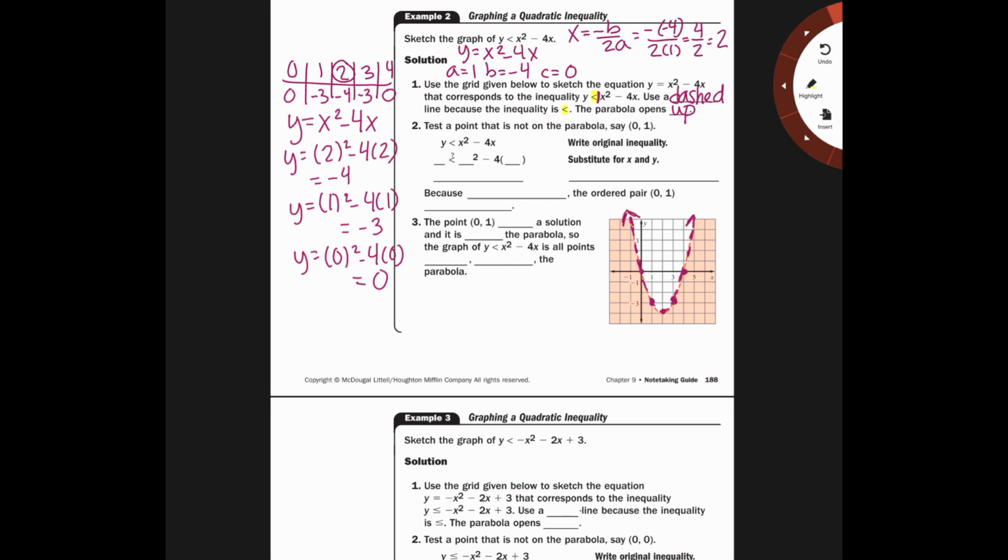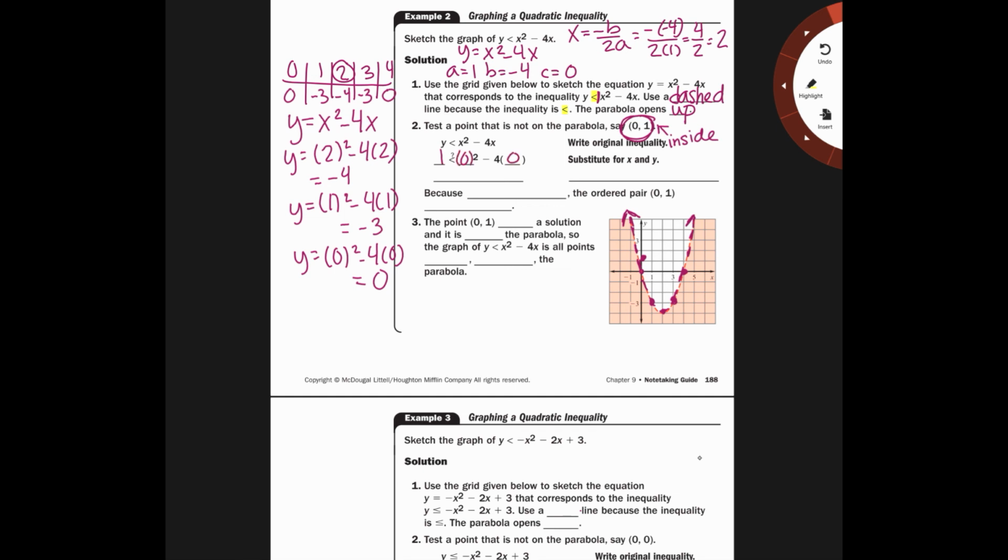So I need to figure out where I want to shade. Okay, so now let's test a point. And they want to test the point 0, 1. So that works. So we'll go to 0 and up 1, and it's over here. So I can see that would be an inside point. So I'll plug in for y is 1 and x is 0.